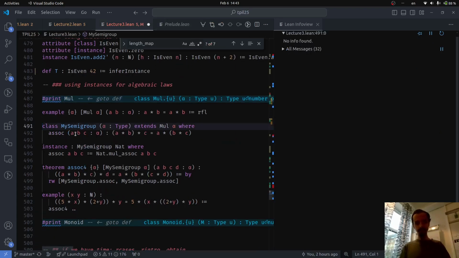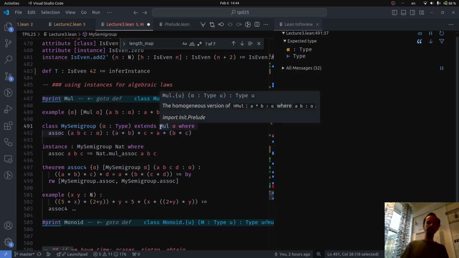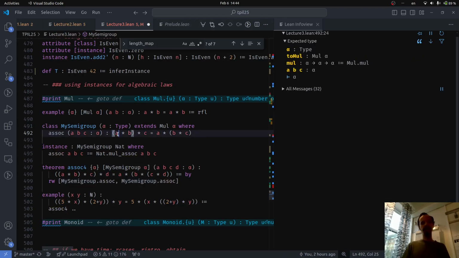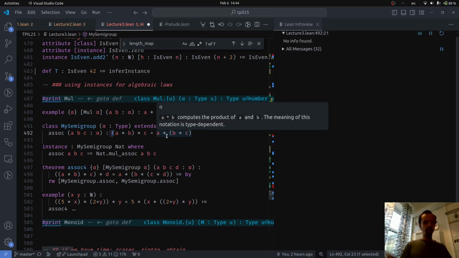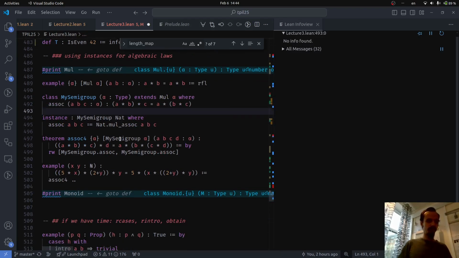And using extends, we can construct a type with a multiplication that has additional properties. For instance, here I can define semigroup to be something that extends Mul and also has associativity: A times B times C equals A times B times C with the different parentheses.